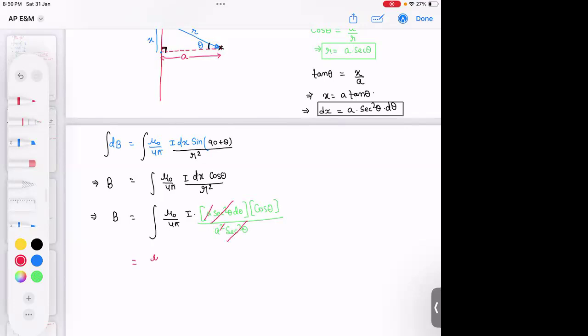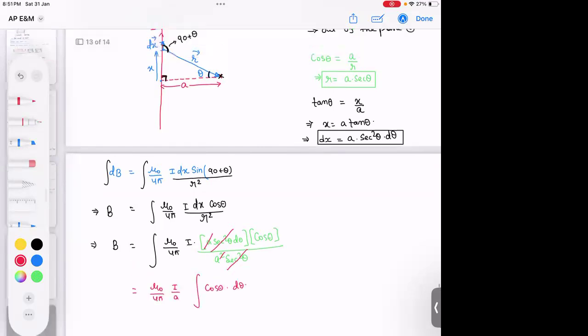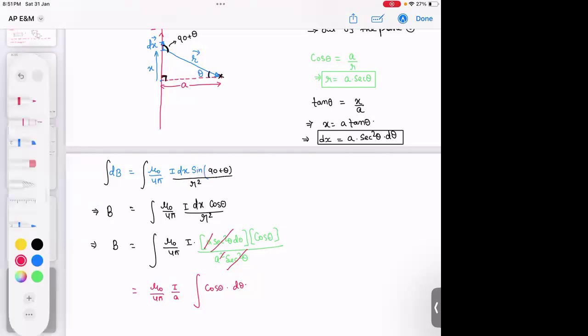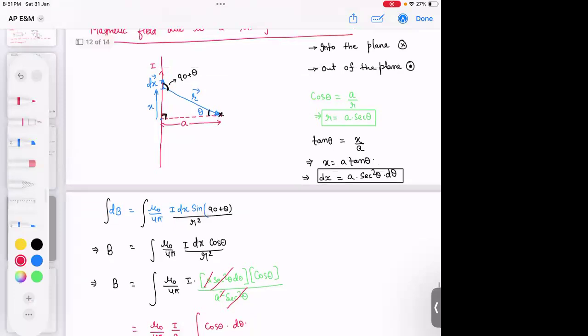So I have mu naught by 4 pi I by a, integration of cos theta d theta. Isn't it a very simple integration? The integration of cos theta d theta will just be sine theta. We just need to keep the limits of this integration, which means where the two ends are.